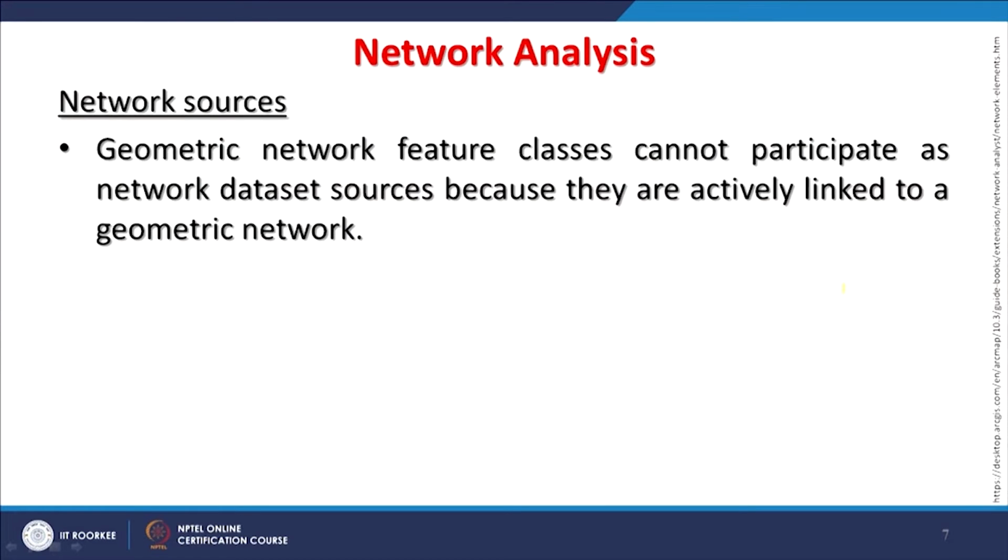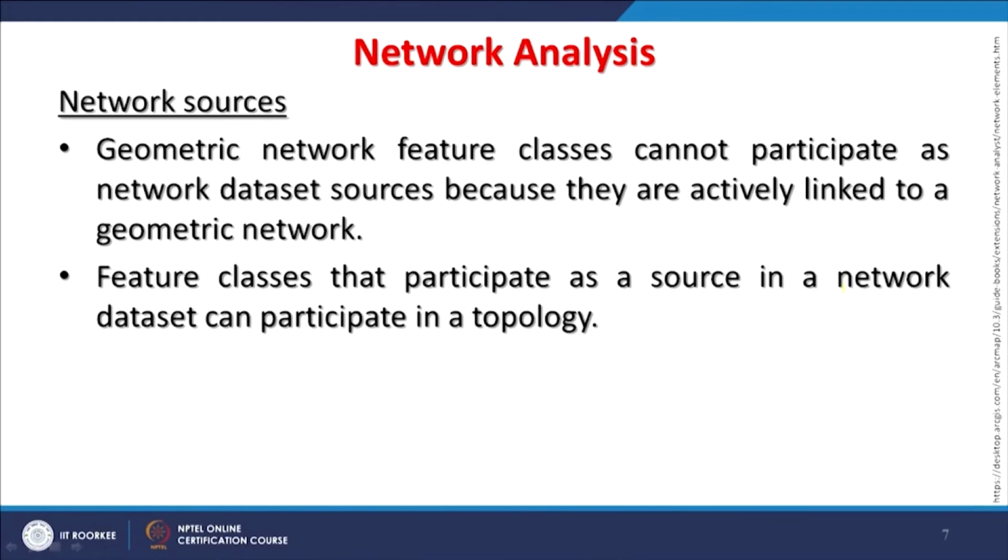So in a geometric network, feature classes cannot participate as network dataset resources, because they are actively linked to a geometric network. So we have to develop a different one, and the feature classes that participate as a source in a network dataset can participate in a topology. So remember, when we were discussing topology, we mainly focused at that time on polygon topology.